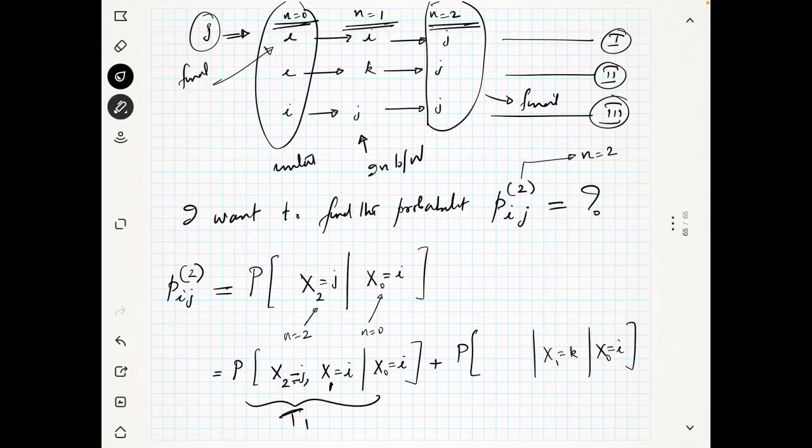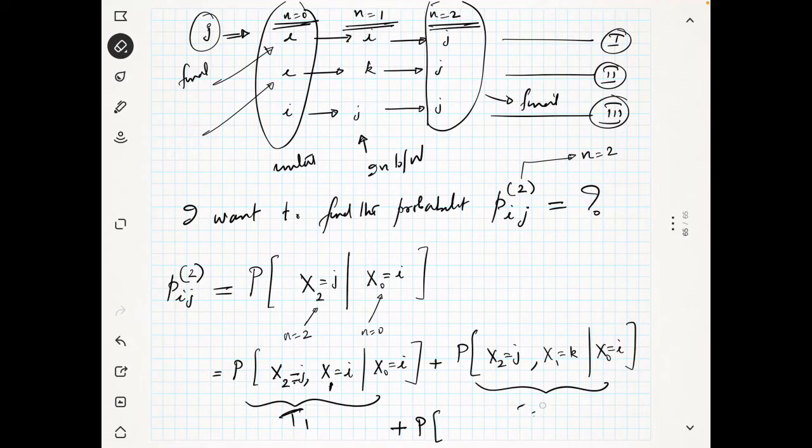I am talking about the second case. So x1 is equal to k and x2 is equal to j. Okay. So this I am calling term 2. So this is term 2.